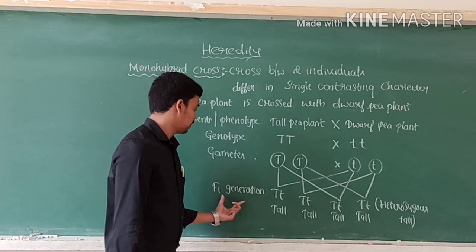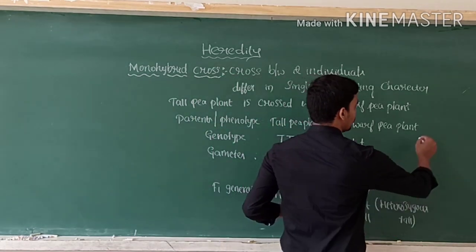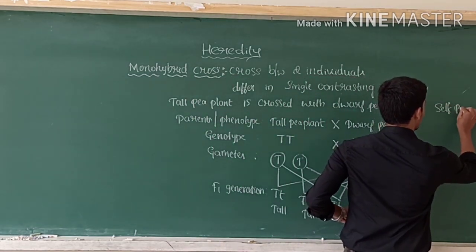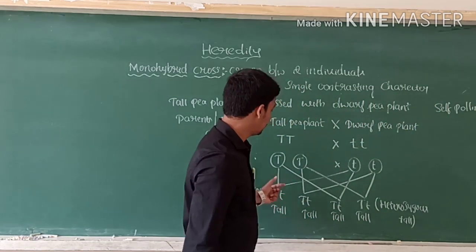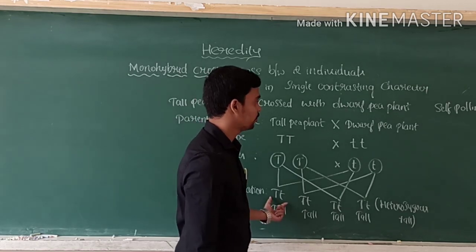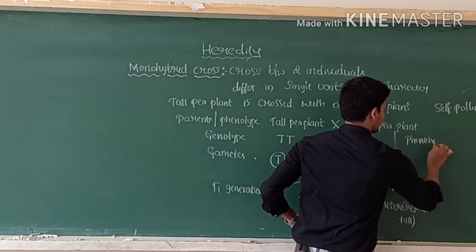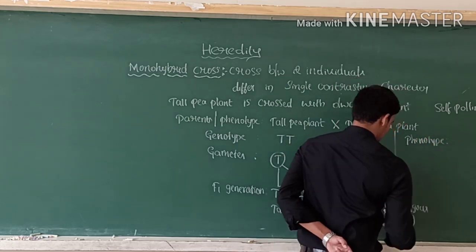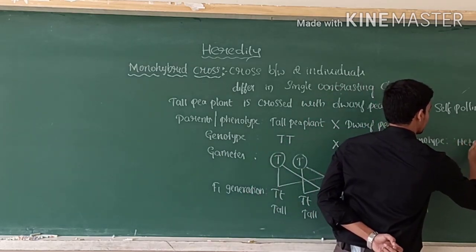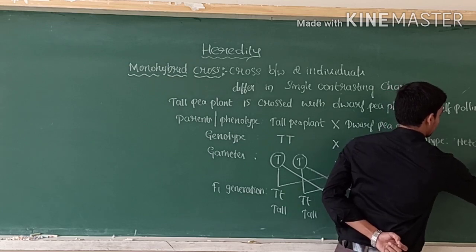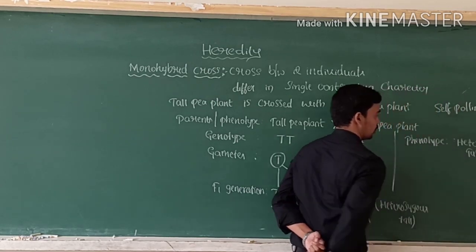Next, a cross is made between the individuals which occur in the progenies, that is self-pollination. When self-pollination occurs between the F1 generation, here also, let's take the phenotype: heterozygous tall and heterozygous tall, heterozygous tall into heterozygous tall.